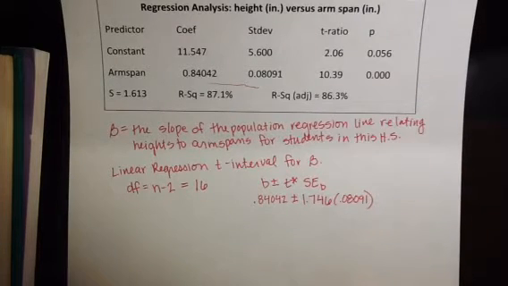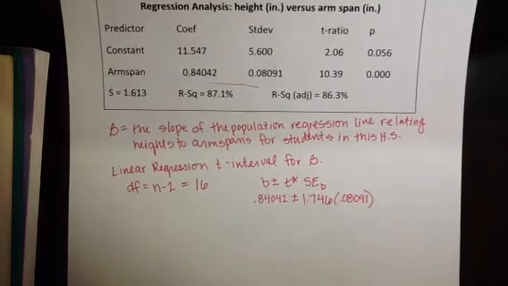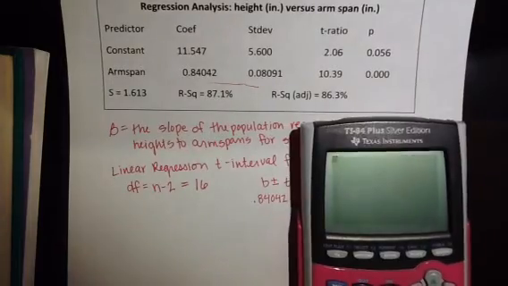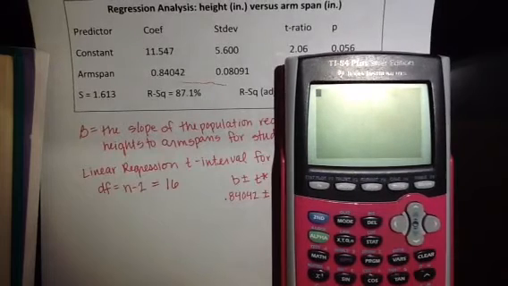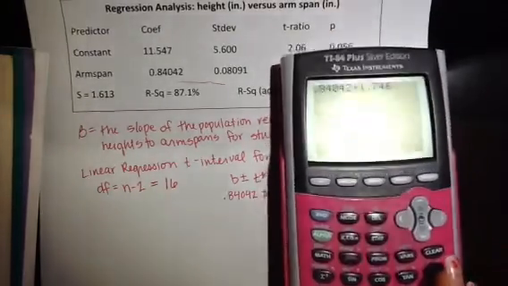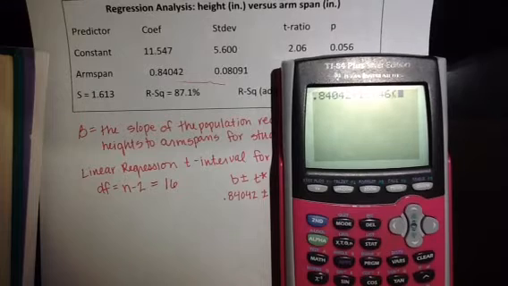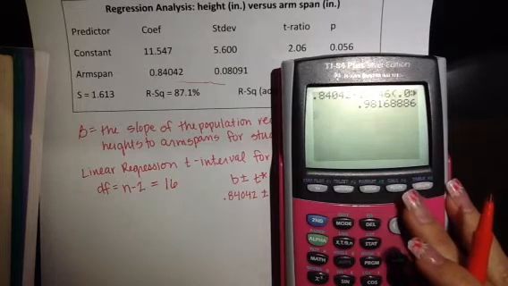Now if I put that into my calculator, 0.84042 plus 1.746 times 0.08091 gives me 0.9817.